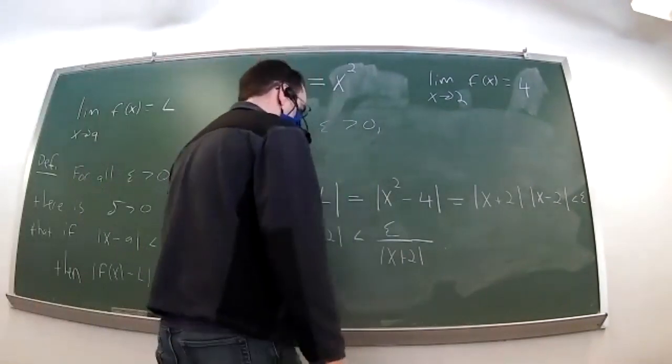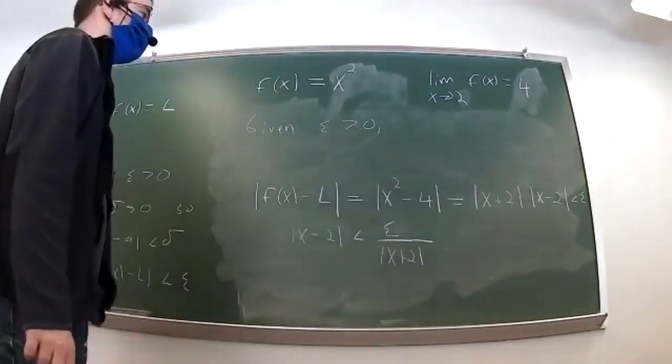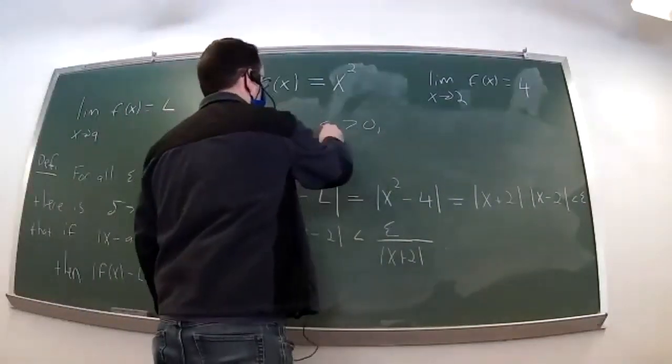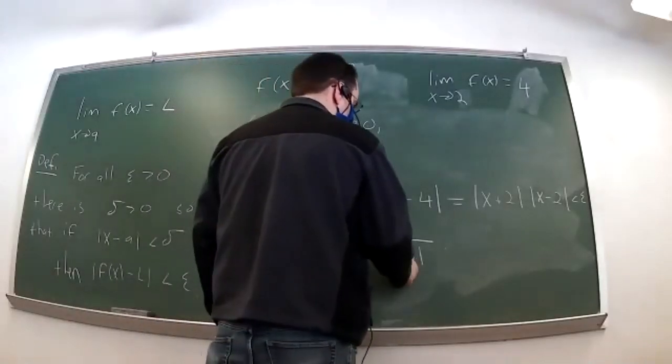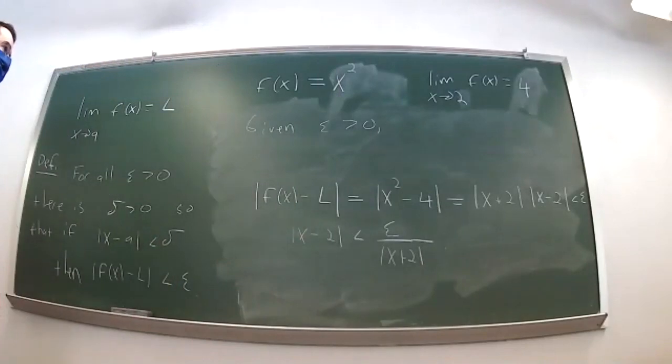And then you might be tempted to say, let's choose delta equals epsilon over x plus 2. But the problem is that that's not a number, right? Epsilon is a number, it's fixed, but here we have x. x is a variable. x is allowed to move around. So how do we handle that?